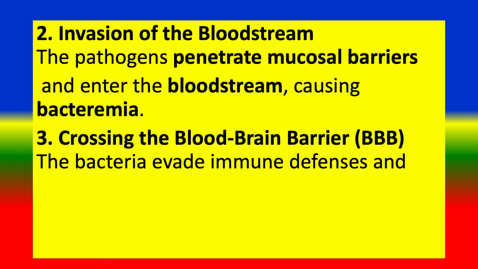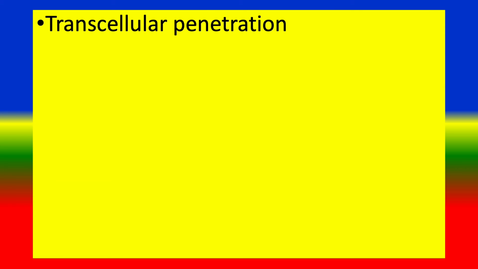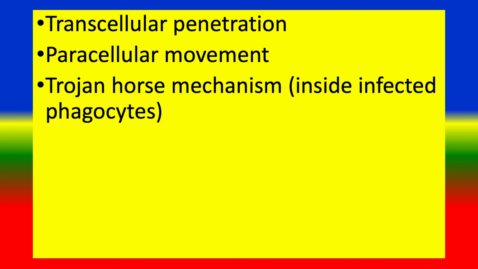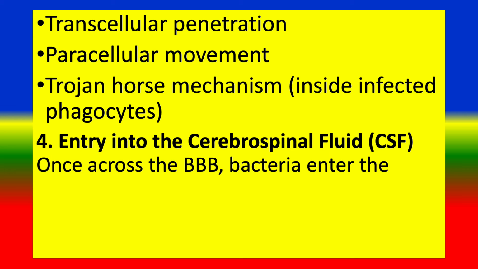3. Crossing the blood brain barrier, BBB. The bacteria evade immune defenses and cross the BBB via transcellular penetration, paracellular movement, or the Trojan horse mechanism for entry into the cerebrospinal fluid, CSF. 4.